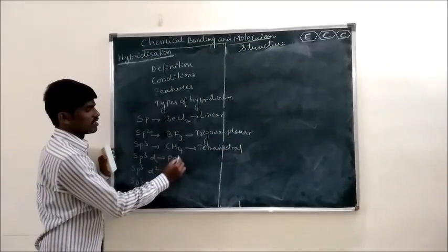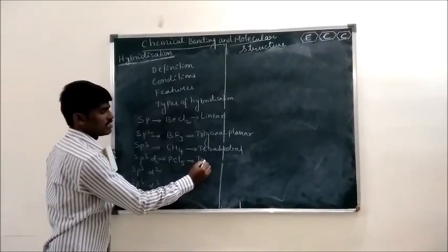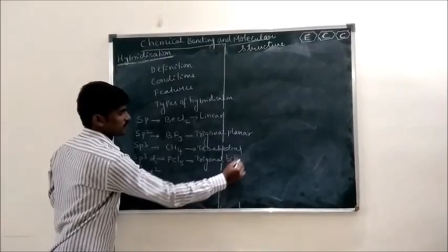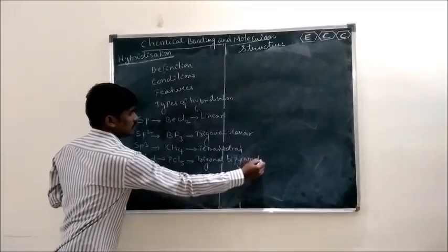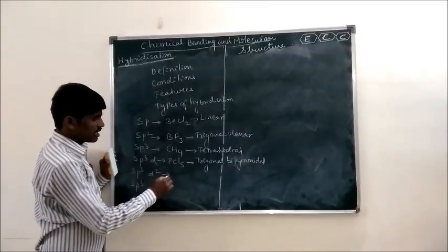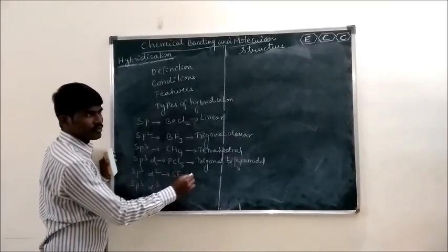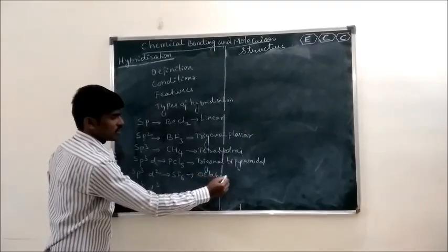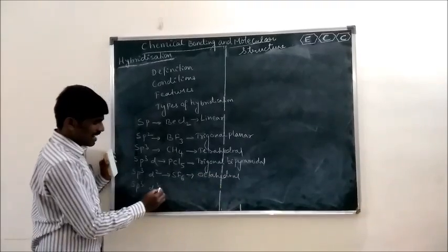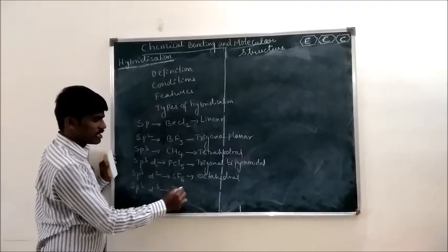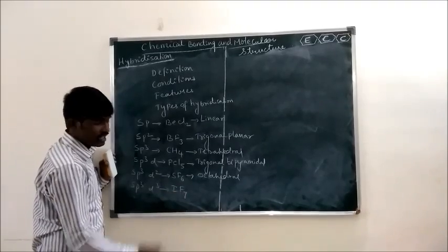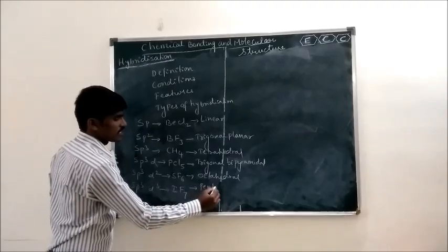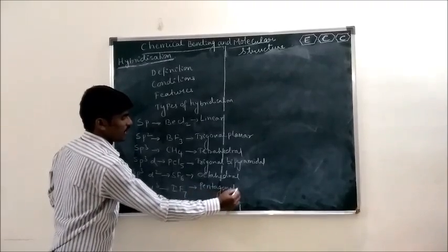For sp3d hybridization, PCl5, and the shape is trigonal bipyramidal. For sp3d2 hybridization, we discussed the example SF6, and the shape is octahedral. And the last one is sp3d3 hybridization, example IF7, iodine heptafluoride, and the shape is pentagonal bipyramidal.